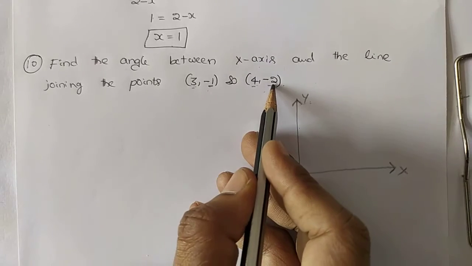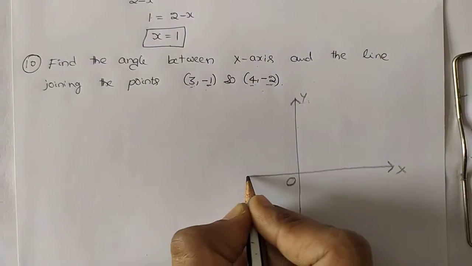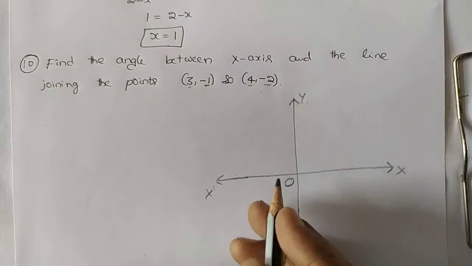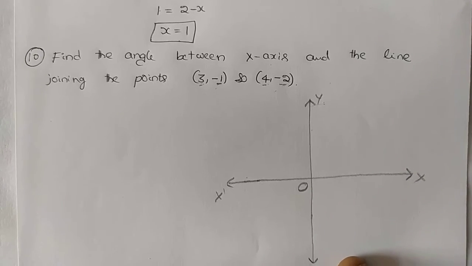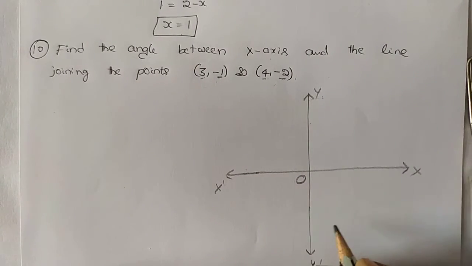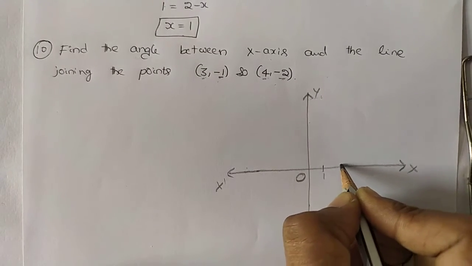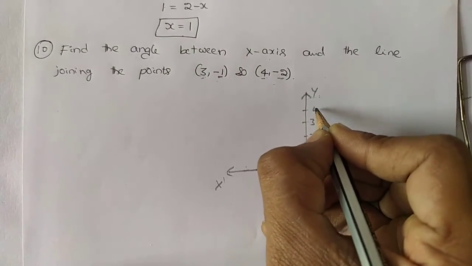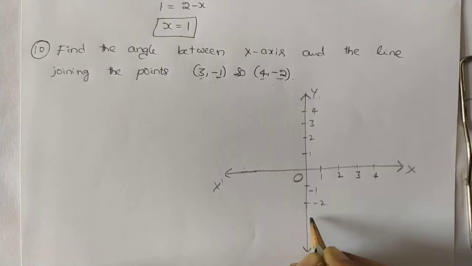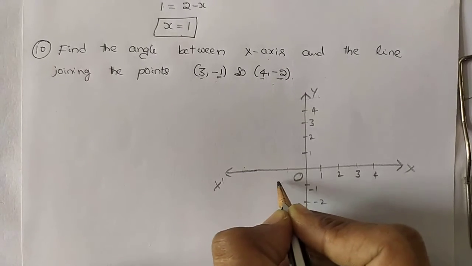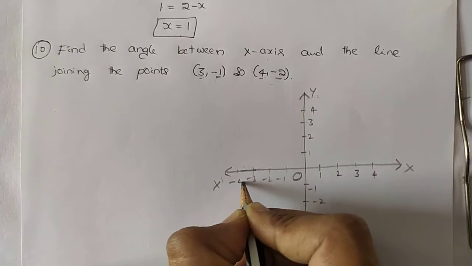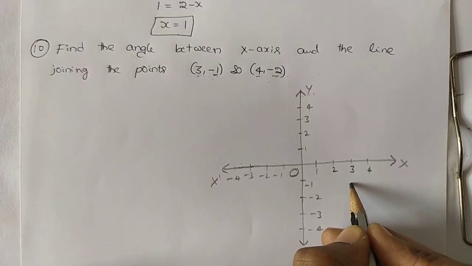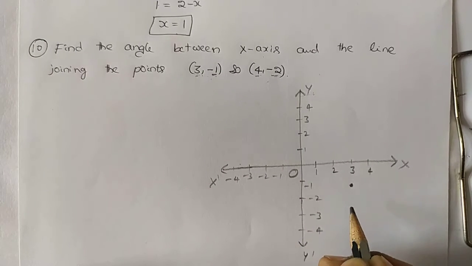So (3, -1) and (4, -2). Where will they come in the xy plane? On the x and y axes, take 1, 2, 3, 4 on the positive side and -1, -2, -3, -4 on the negative side. Now (3, -1): this point will be (3, -1).